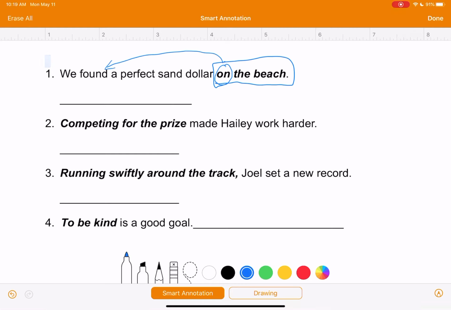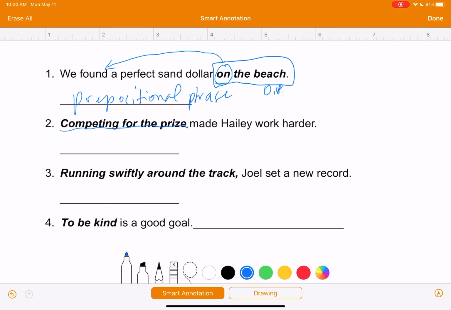This is an adverbial prepositional phrase. It's telling where on the beach. Prepositional phrases actually can act as adjectives or as adverbs. This one happens to be acting as an adverb. But here you can see the object, a noun object for the preposition. So this is a prepositional phrase.